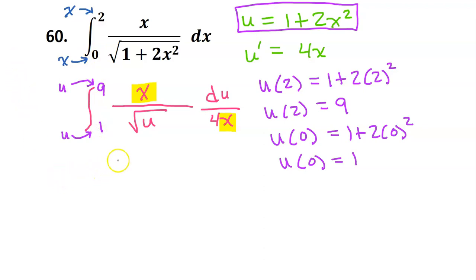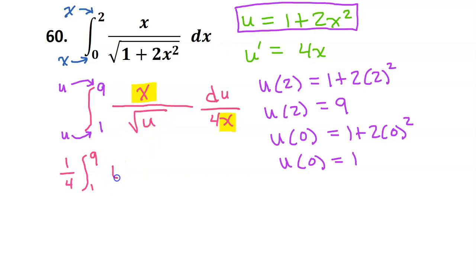One cool thing about this method is that once you have changed the limits of integration, you do not have to switch back to x's later. So anyway, we have the integral from 1 to 9, and this 4 in the denominator will become a 1/4 out in the front. The square root of u is the same as u to the 1/2 power.